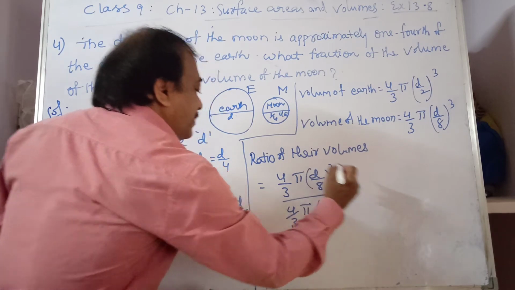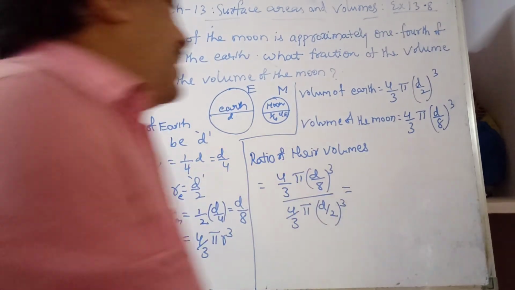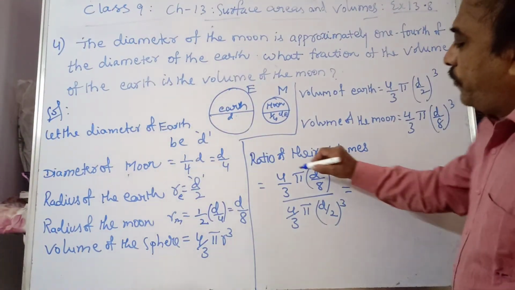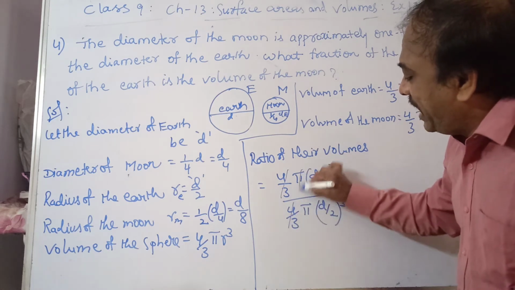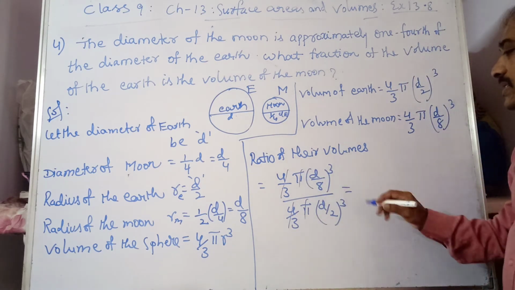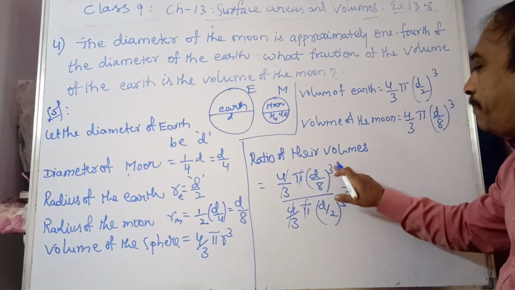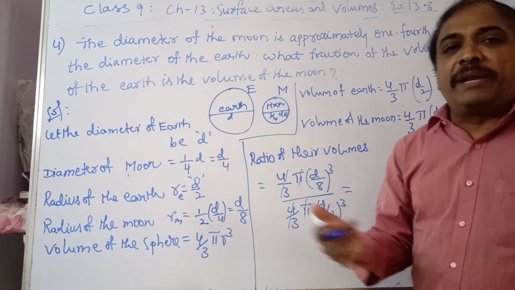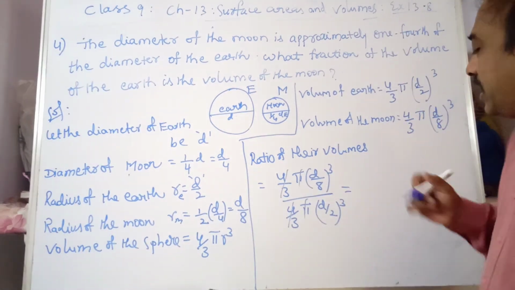Now observe it carefully here. 4 by 3 and pi get cancelled, which is equals to d by 8 whole cube. The cube is applicable for both numerator and denominator.